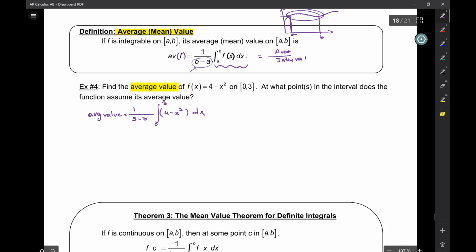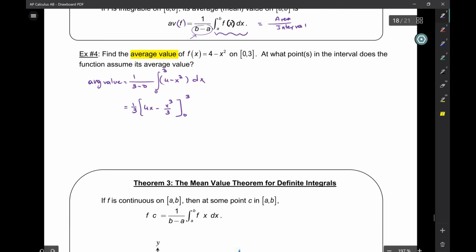You can put parentheses or not, it's the same. The dx binds it. So what we have here is 1/3, and then in brackets, if I integrate this, the 4 will become 4x minus x cubed over 3, and that's going to go from 0 to 3.